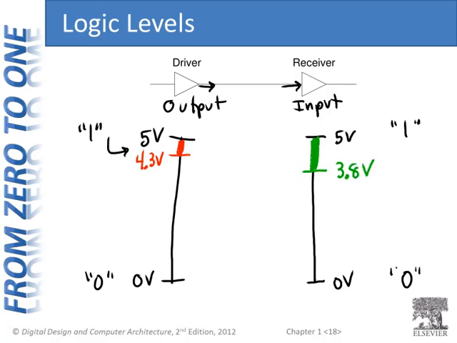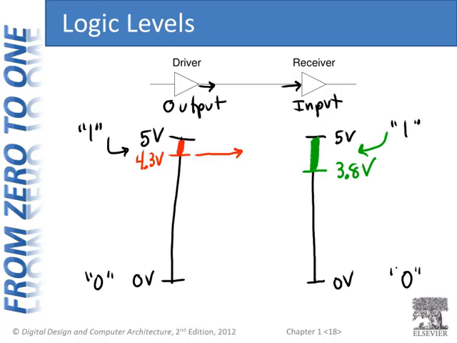Anything between 3.8 and 5 volts, this receiver will receive as a 1. So now the driver sends its degraded high output voltage, but the receiver, because it has a larger range, says, hey, that's fine, 4.3 volts, yep, I see that as a 1.